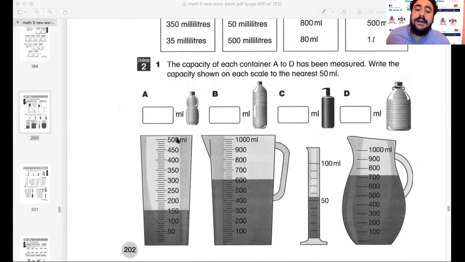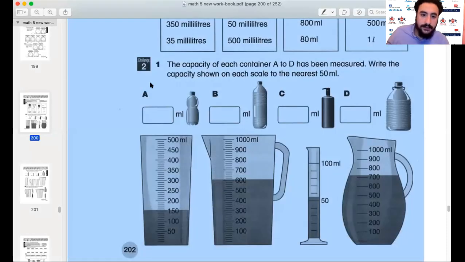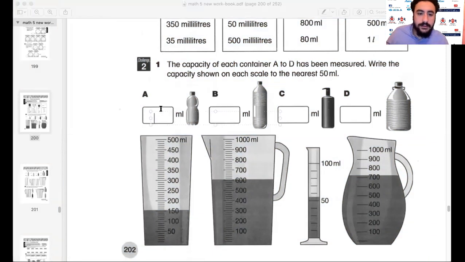By the way, 500 milliliters means half a liter. So which one of them is it? 150. Yes, obviously it's going to be 150 milliliters.